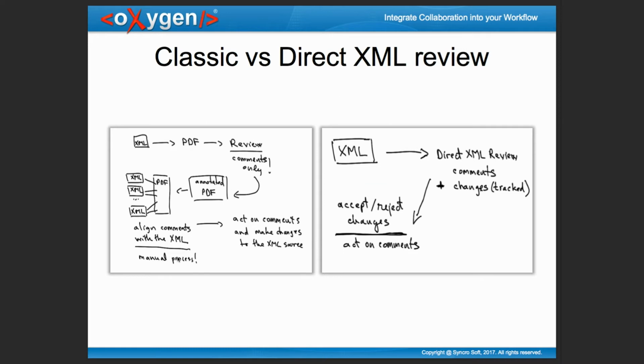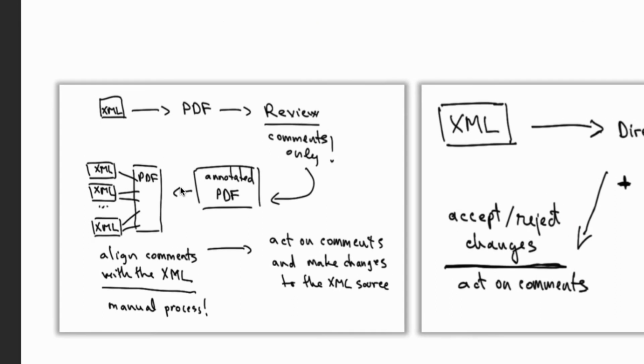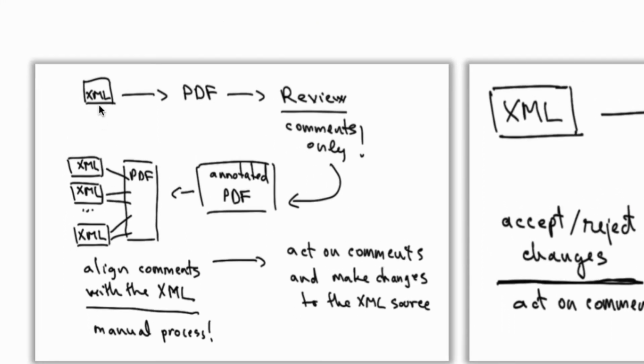So I sketched some time ago the review process, like the classical review where you have XML, you get PDF, then you get comments on that PDF. So you get the annotated PDF with a lot of comments, and then you need to act on those comments.